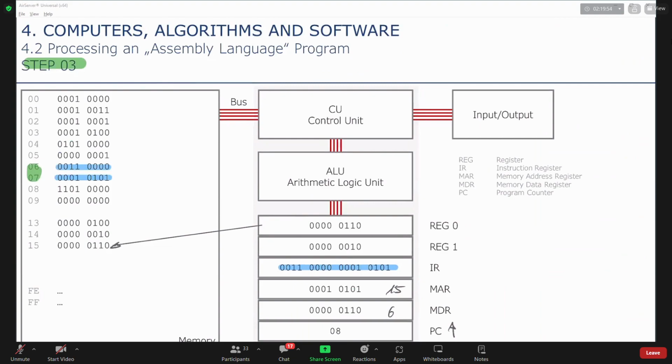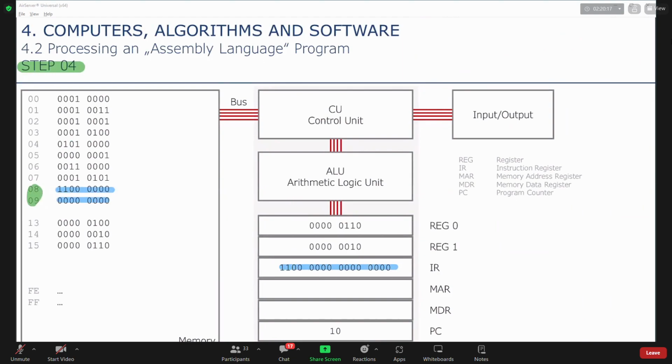And the last command is now saying store what you have in register 0 in memory cell 15. So that's what we are doing. In register 0, we have the value 6, and we are storing that in memory cell 15. And then we are ending the program.